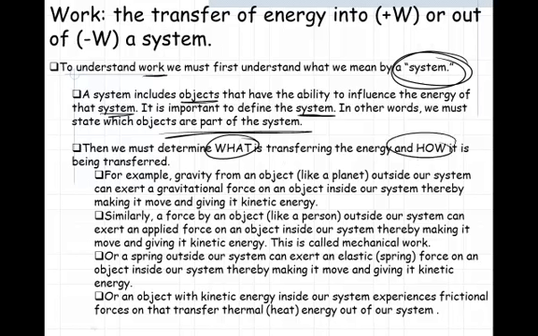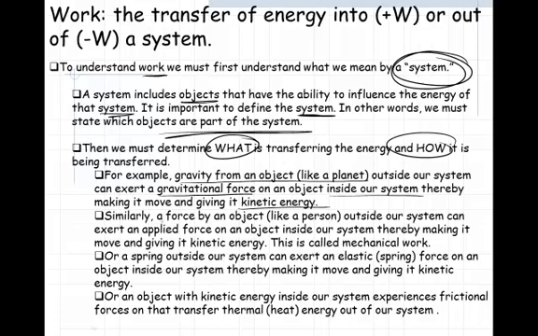Now, there are 4 examples that I list here. For example, gravity from an object like a planet outside of our system can exert a gravitational force on an object inside our system, thereby making it move and giving it kinetic energy.